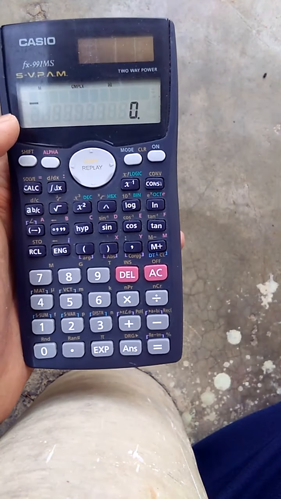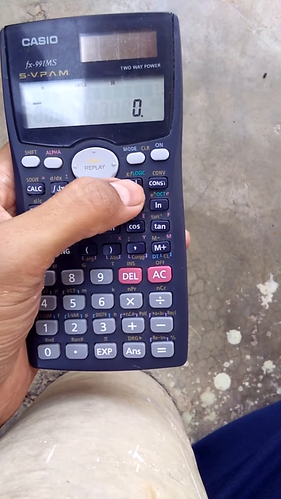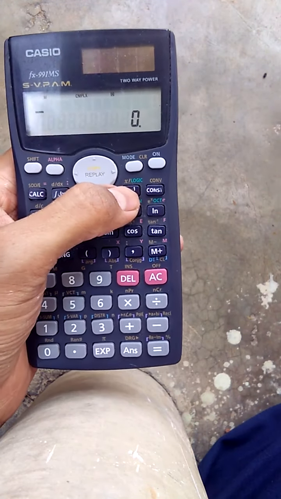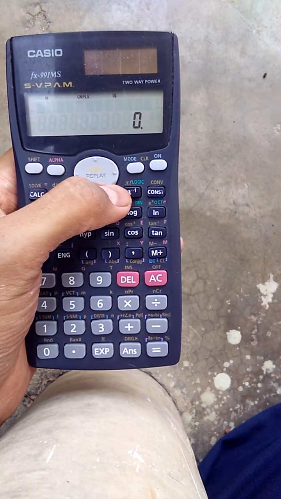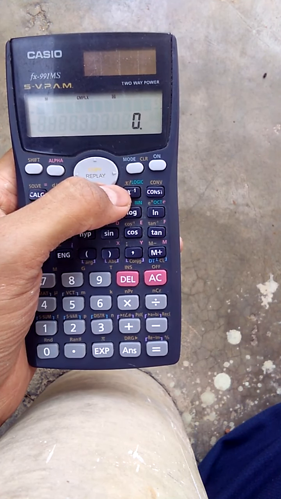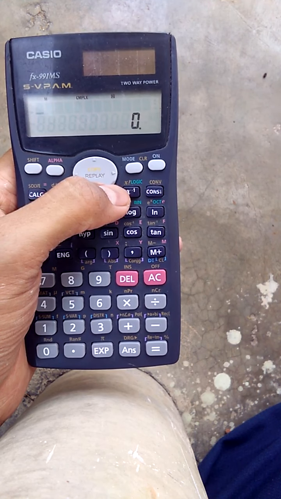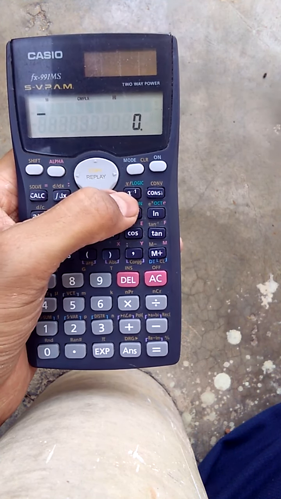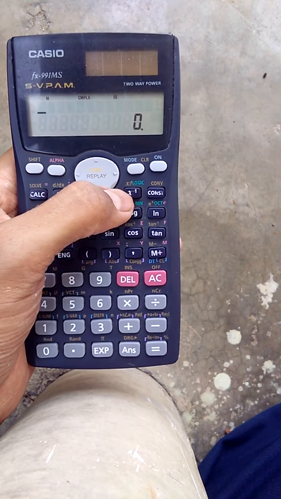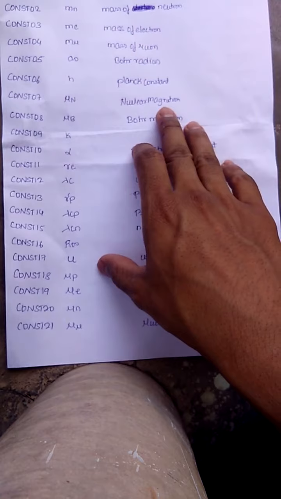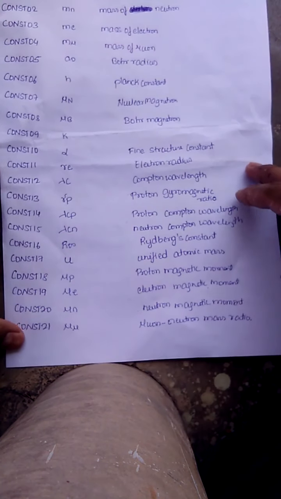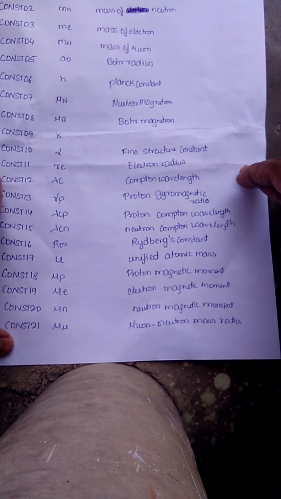Basically by this one button we can find a maximum of 40 constant values that are helpful in solving major problems in physics, in field theory, and in many more subjects. By this calculator we can find 40 constant values. You can note these for reference.